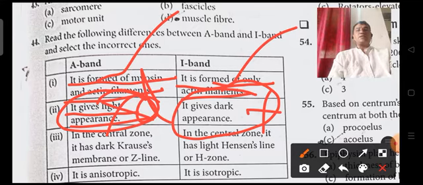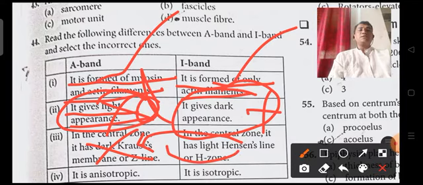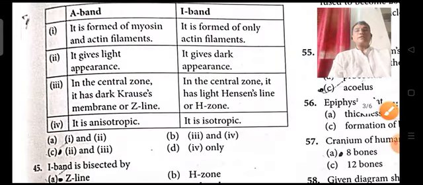Next, in the central zone, it has a dark membrane or Z line. The Z line is present in the I band, in the middle of the I band, so it is wrong. In the central zone, it has a light Hensen zone. So these are right, but here they are wrong. Now coming on to the next one, it is anisotropic.